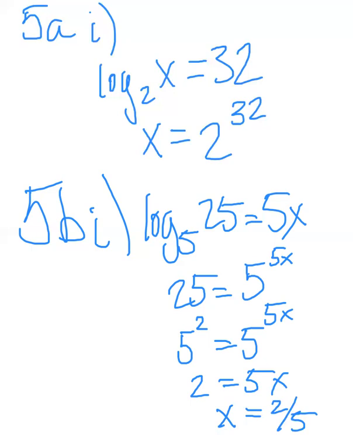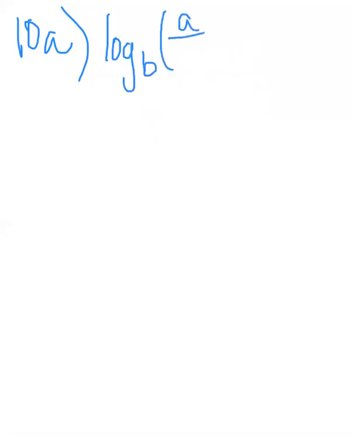Next, I will skip over 6, 7, 8, move to number 10, and I will do part A for you. So 10A. The problem is log base B of A divided by BC. The first thing I notice is that all of my variables X, Y, and Z are in terms of log base 10.